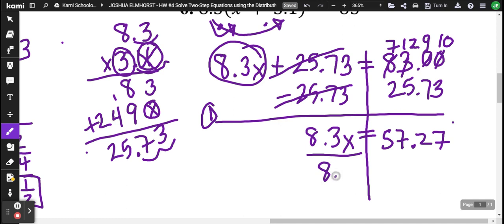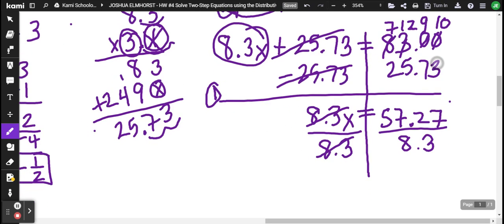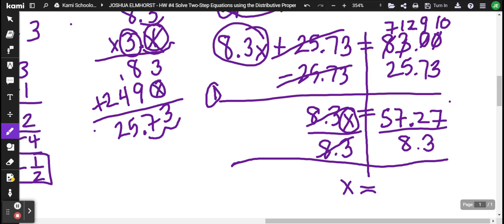We're going to divide both sides by 8.3. Now you can estimate here how many times 8 goes into 57. We're left with x on the left side, and 8 goes into 57 about 7 times.